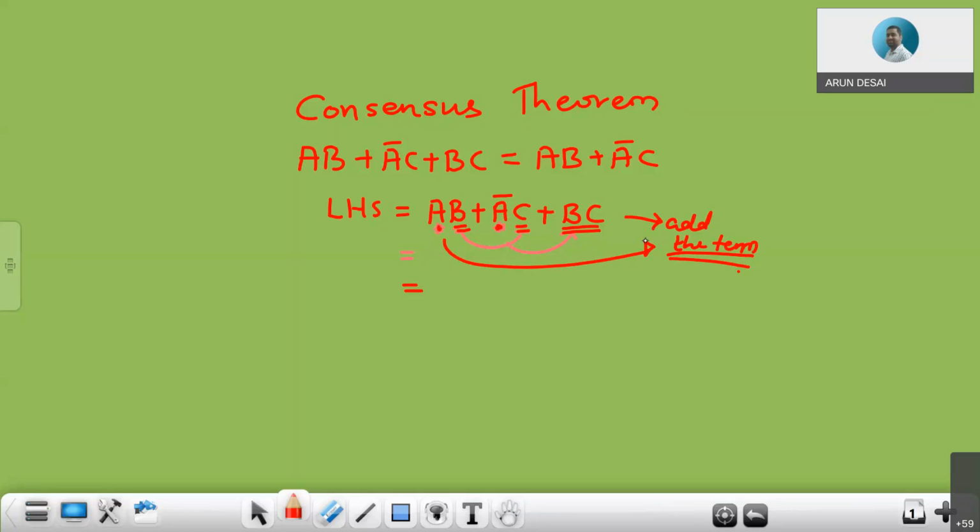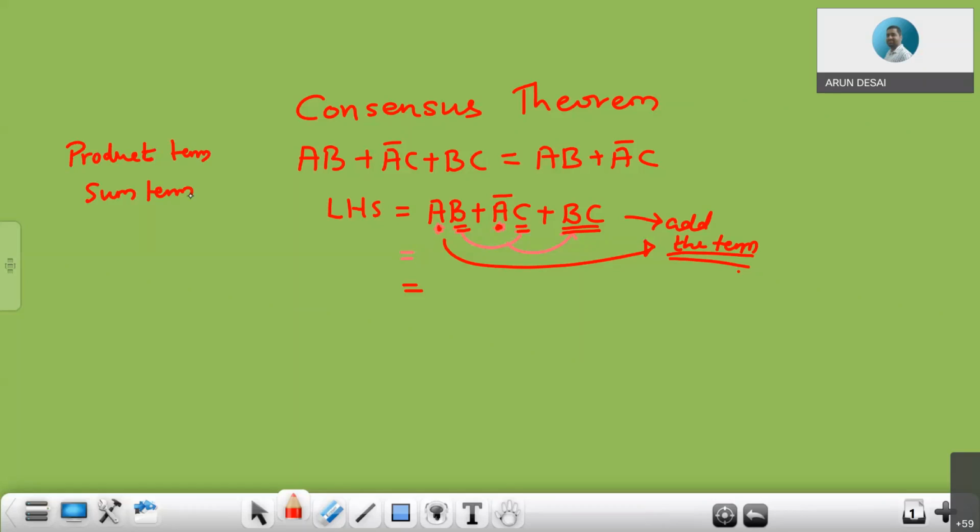Now keep in mind that there are two types of terms. One is product term. What exactly a product term is and all, we'll see in further lectures. For the time being, keep in mind that there are two types of terms, product term and sum term.